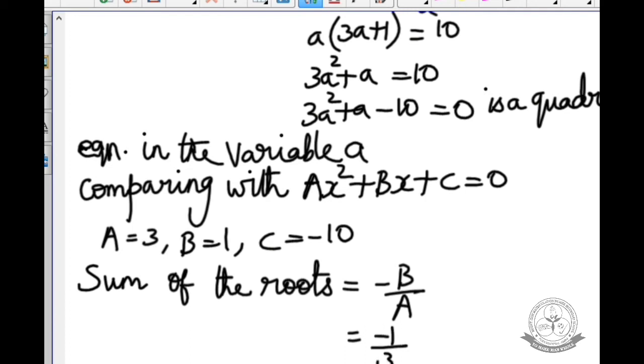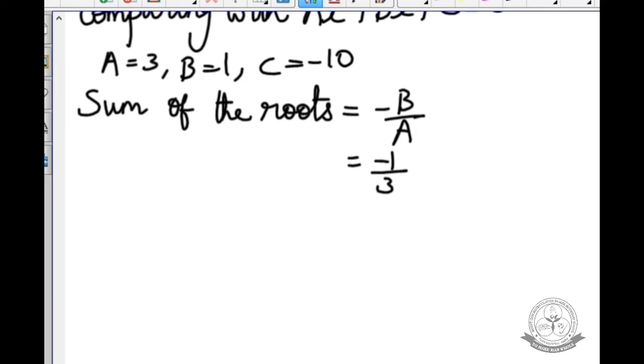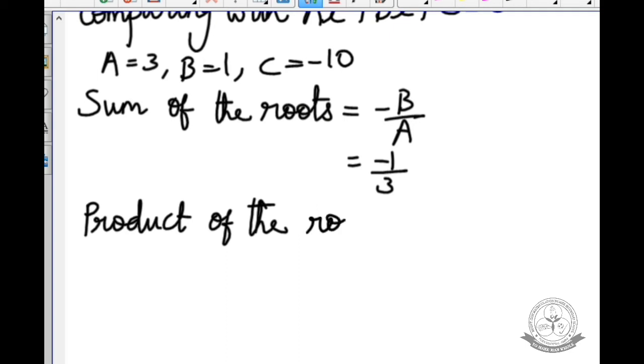So the answer will be minus 1 by 3. Product of the roots equal to c by a. That is c value is minus 10, so minus 10 by 3. That's all.